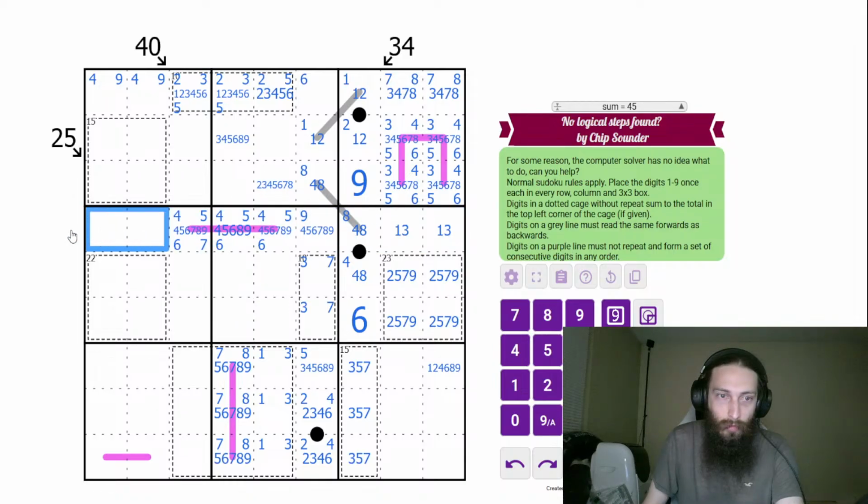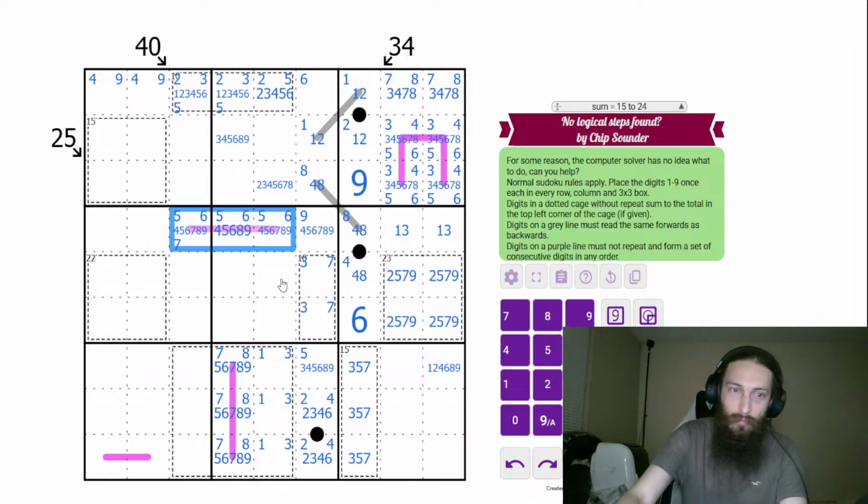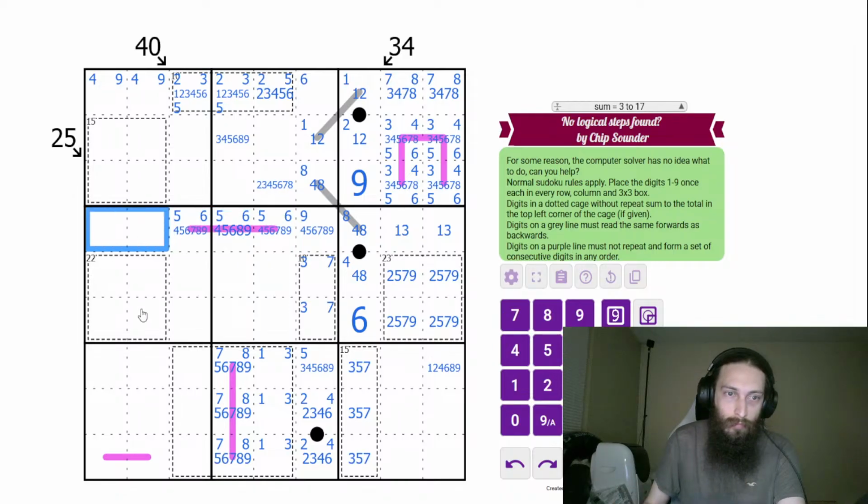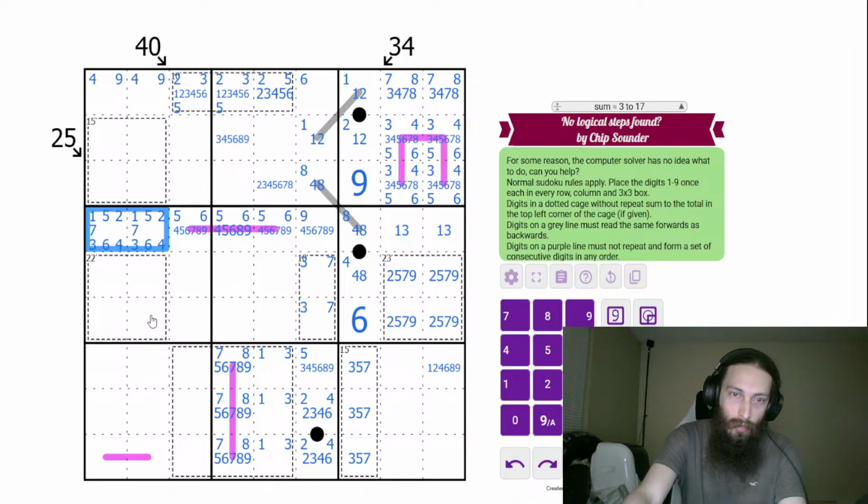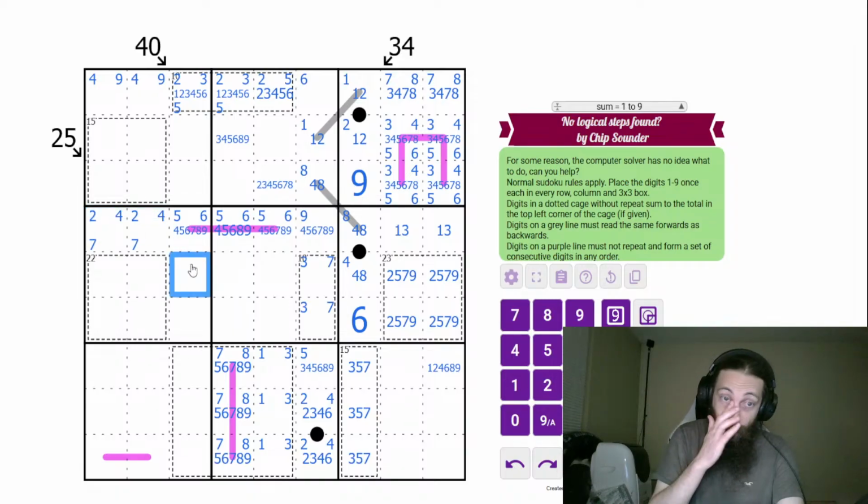What about this row? 9, 8, 1, 3, 5, and 6. We've got 2, 4, and 7 still.